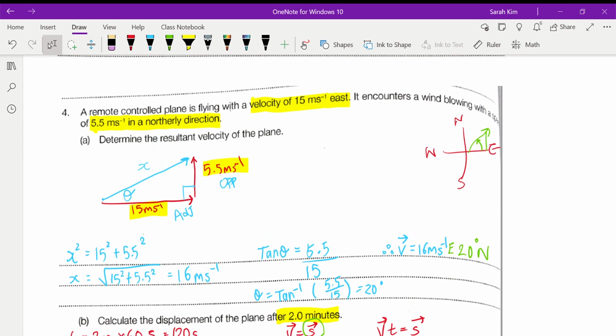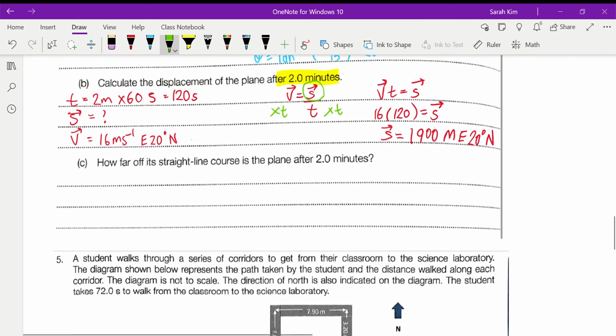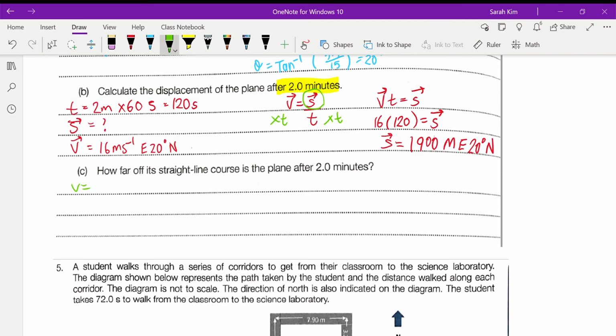So, it wanted to go straight, but it's off course by that much. If I just have 2 minutes, I have to consider 5.5 meters per second in the northerly direction, so that's what I'm going to write. My velocity is 5.5, I think it was, meters per second north.